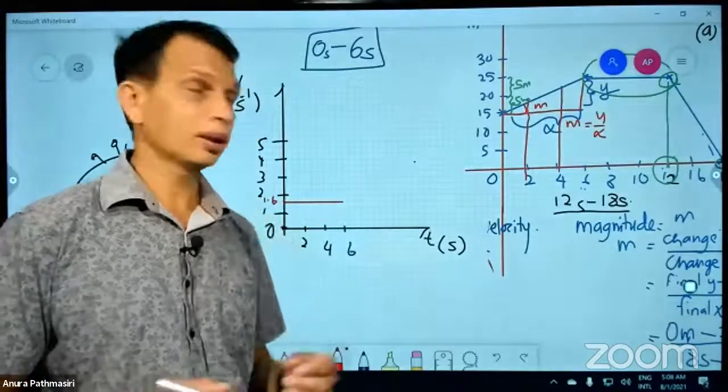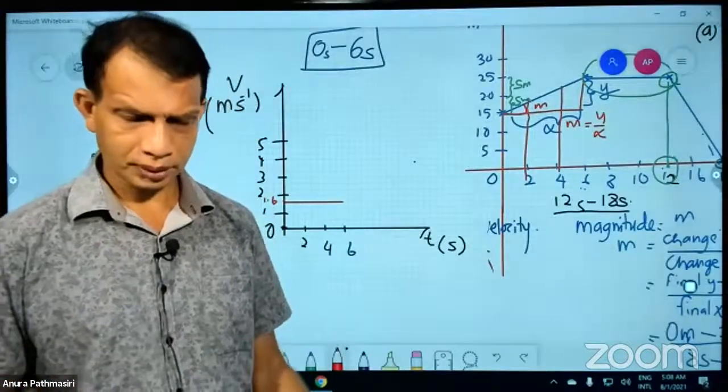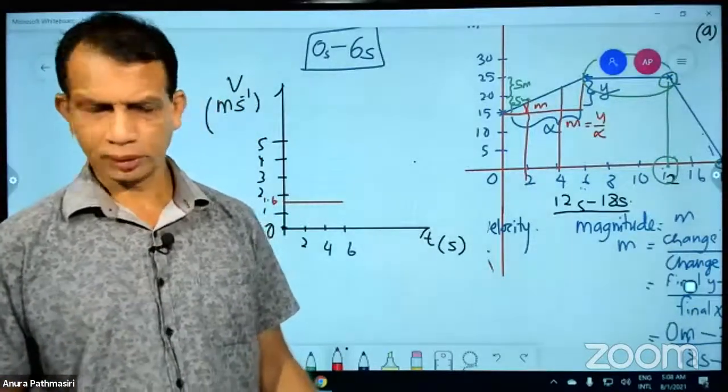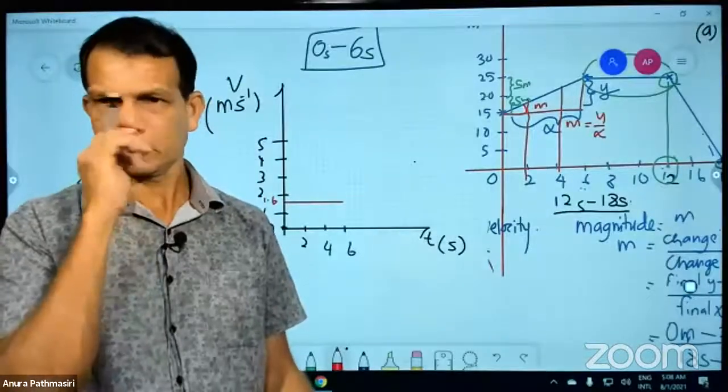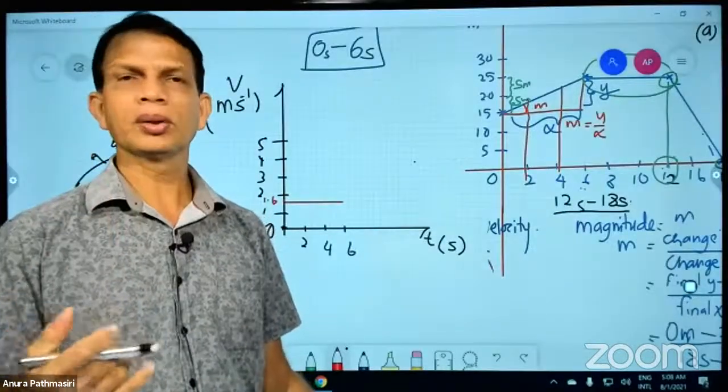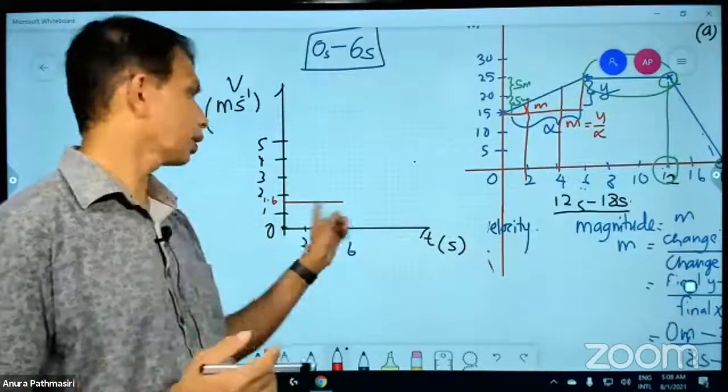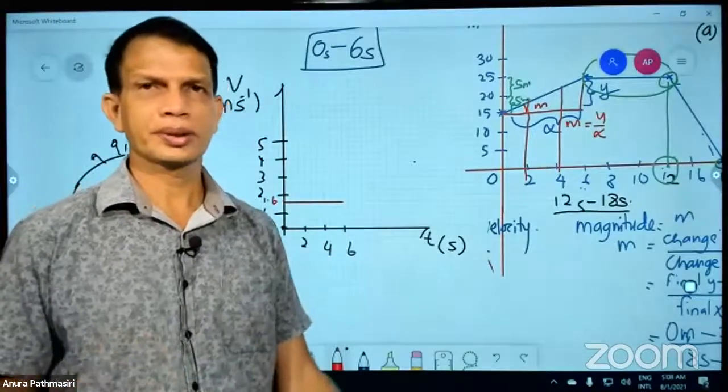And don't forget that I'm asking for the reason for that in my next question. What can you tell about the resultant force when an object is moving with constant velocity?